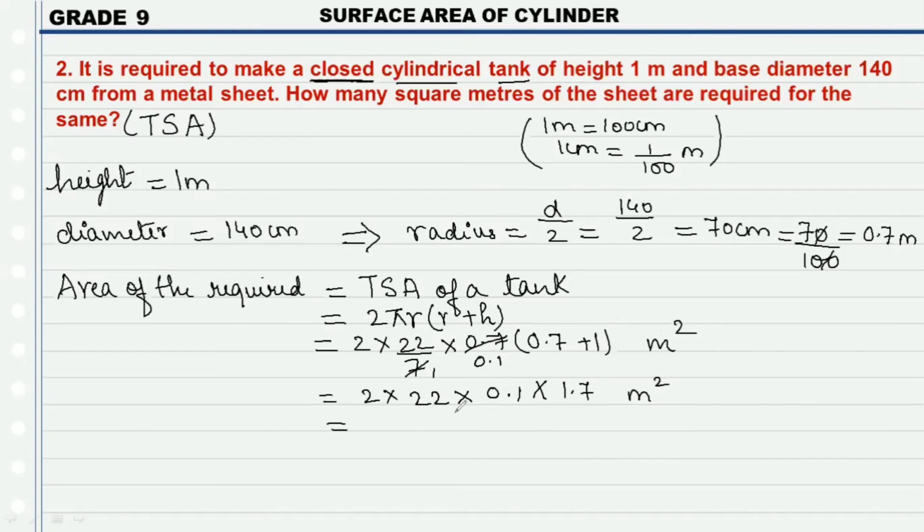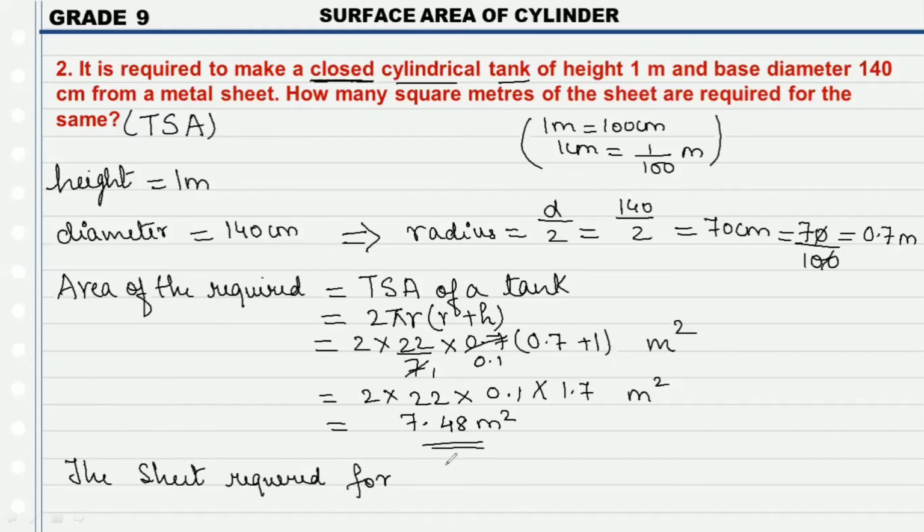Solving this further, we will get the answer as 7.48 meter square. So it means the total surface area of the tank is 7.48 meters square, which means the total sheet required to make this closed cylindrical tank will be 7.48.